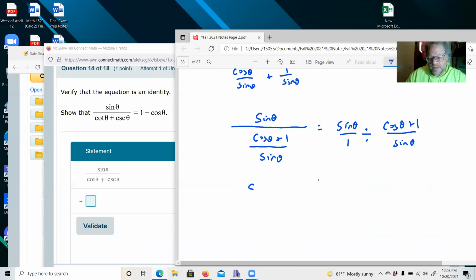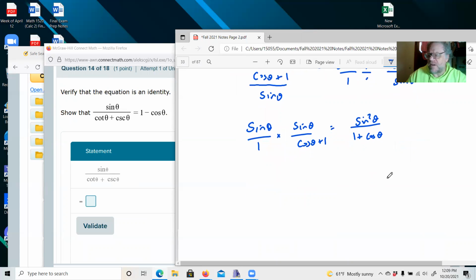So go ahead and multiply. Sine theta divided by 1 times sine theta over cosine theta plus 1, which means we have sine squared theta over 1 plus cosine theta. What's a fancy way to write sine squared? You have to remember sine squared plus cosine squared is equal to 1, so sine squared is equal to 1 minus cosine squared.